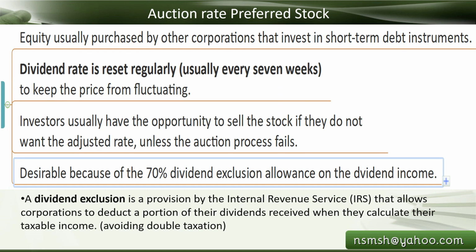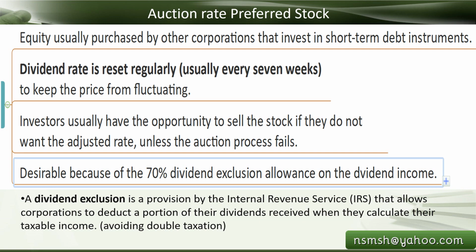Auction rate preferred stock, called auction rate securities or ARS for short. They are debt or preferred equity securities that have interest rates periodically reset through auctions, like every 7, 14, 28 or 35 days.